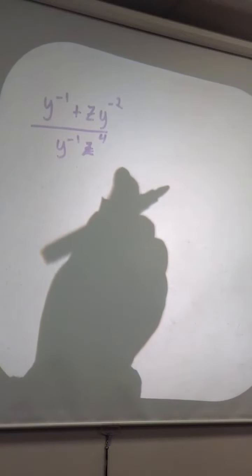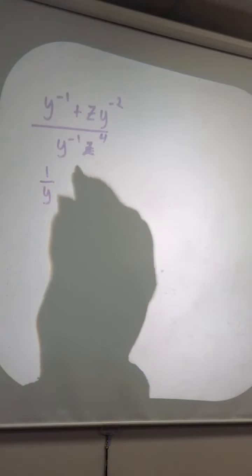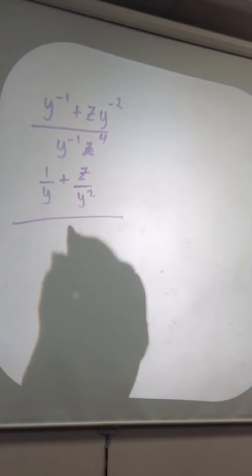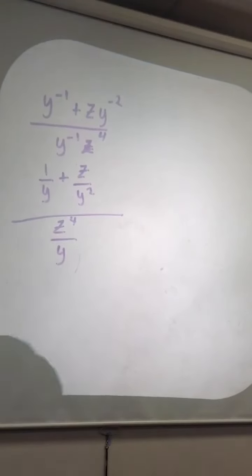Okay? So the first thing we're going to have to do is get rid of those negative signs. So this is going to be 1 over y plus z over y squared. And that's over z to the 4th over y.